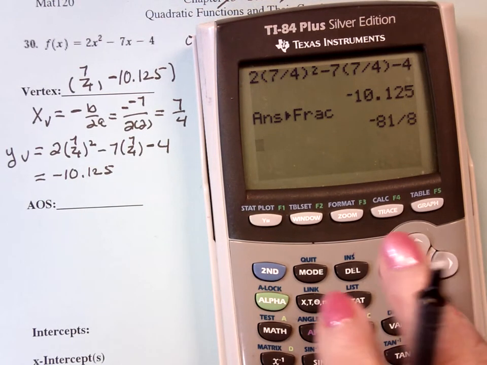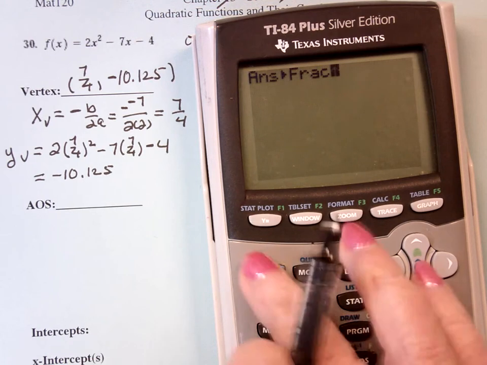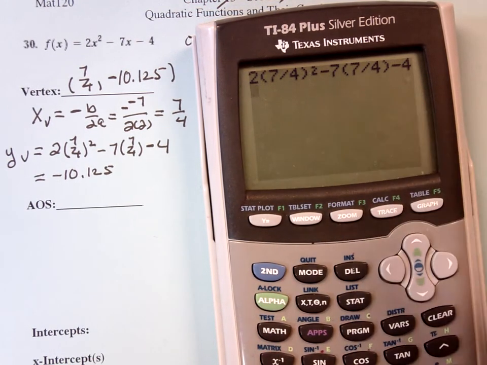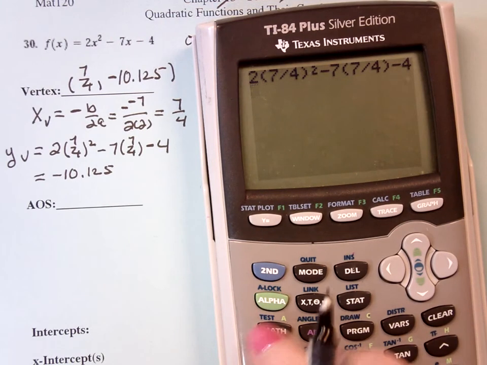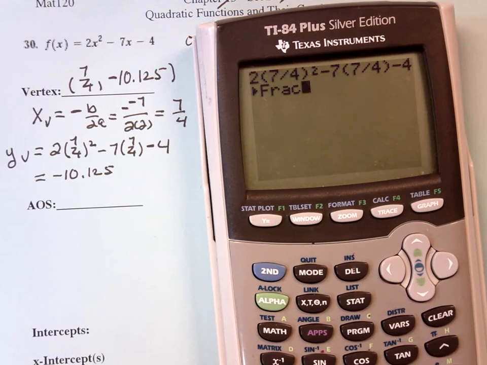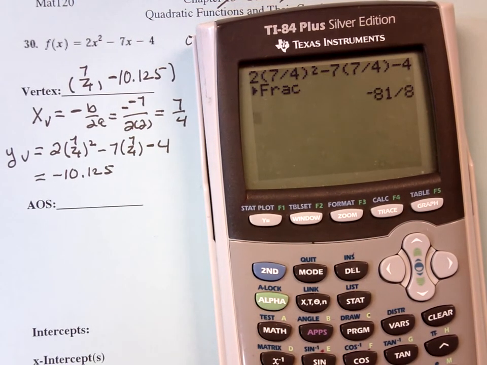Now, you could do the whole thing at one time. So if I've got fractions in, I want fractions out, at this point I just say, do that calculation and give me the answer in fractional format, and that would do that. That's kind of a nice handy thing to have.